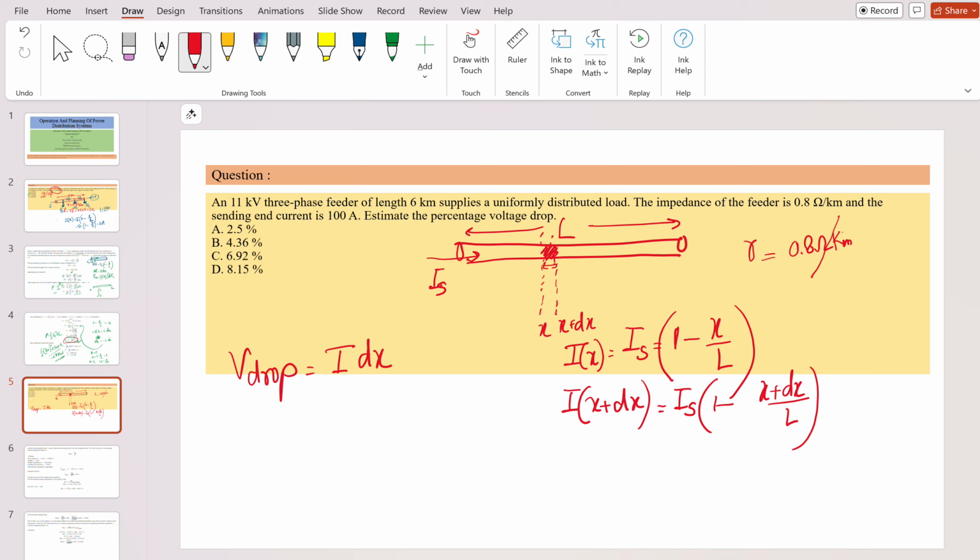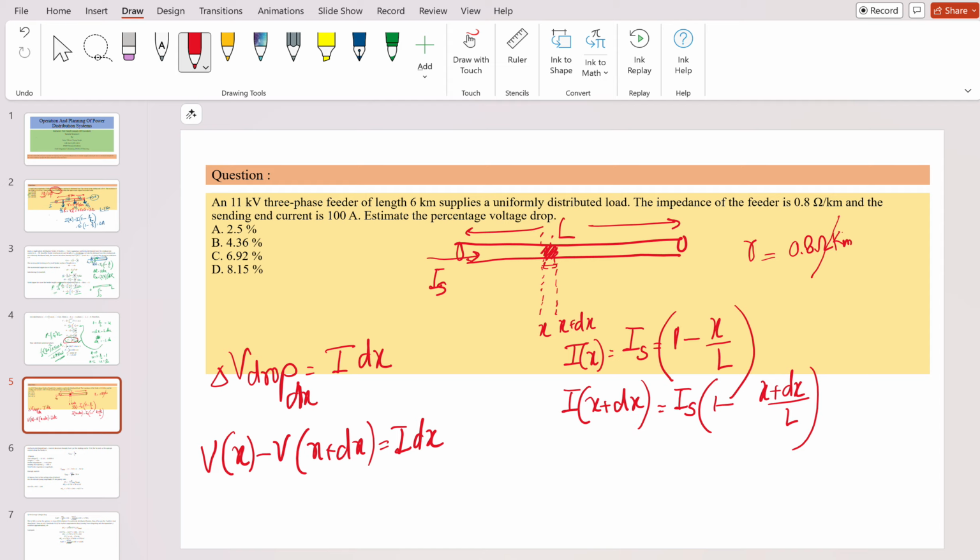In the overall system, the voltage drop in the line up to distance dx is delta V = I dx, or you can say that the voltage at x minus the voltage at x plus dx is simply equal to I times dx.